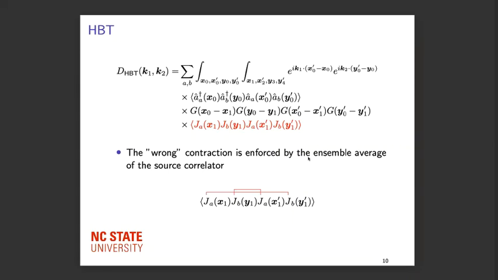Due to Bose statistics, this round contraction can also be enforced by the ensemble average of the source, and it gives rise to a rather strong peak in the angular direction.